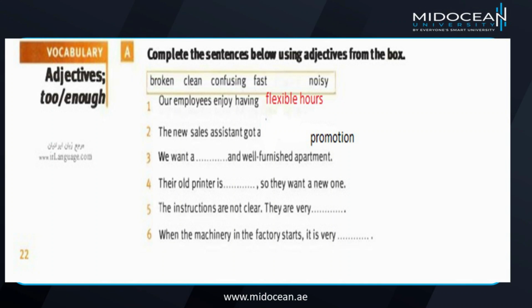The first example here, as you see, is already done for you. Let me read it. Our employees enjoy having flexible hours. Sentence number 2. The new sales assistant got a fast promotion.